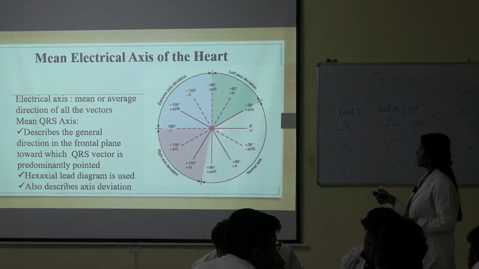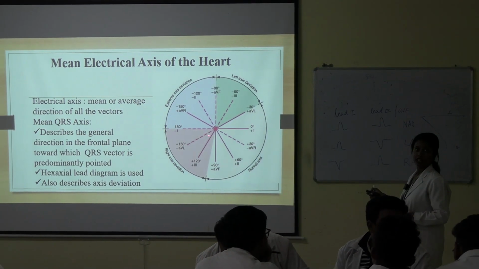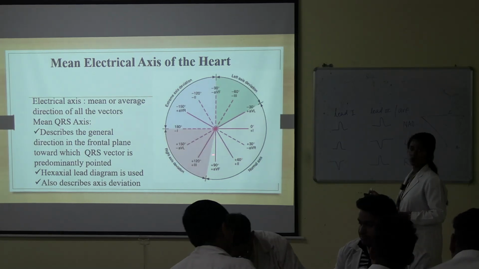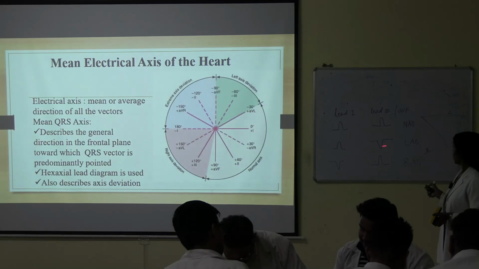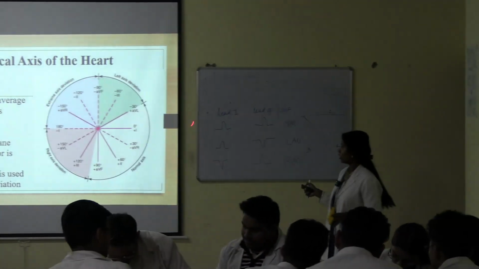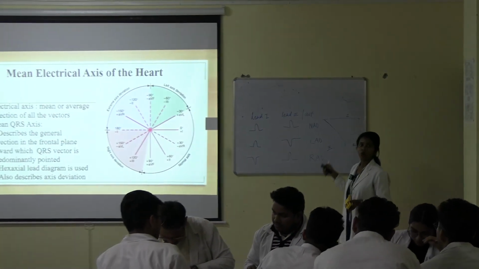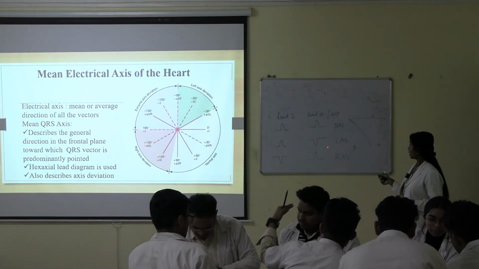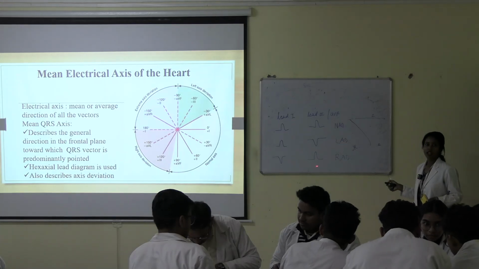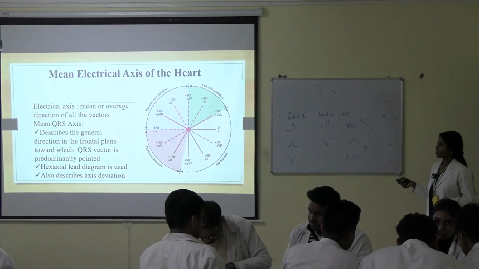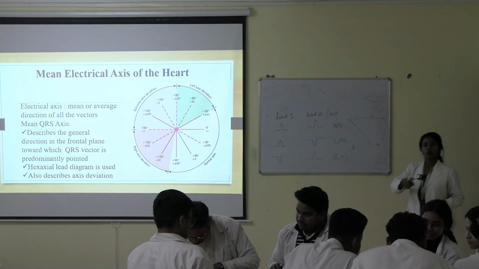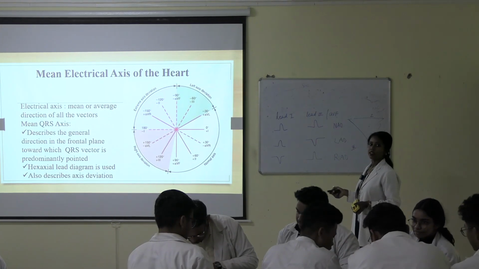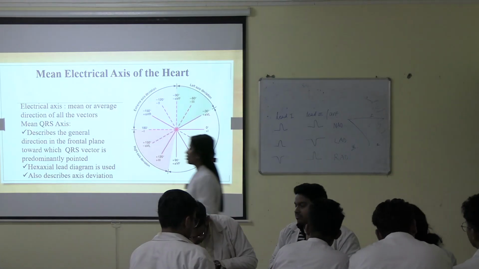So in lead 1, if it's coming towards you, that is positive. Then take either lead 3; if lead 3 is also coming towards you, that is positive, so that will be your normal axis. And if it's going away, that will be negative. Towards means positive. So depending on this, there will be left axis or right axis deviation. That is called rough estimation also. You can just find out from looking at the leads. There is another method; first you find out from there, what is yours, normal?